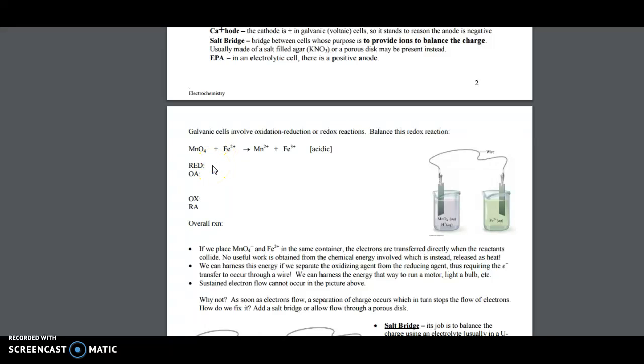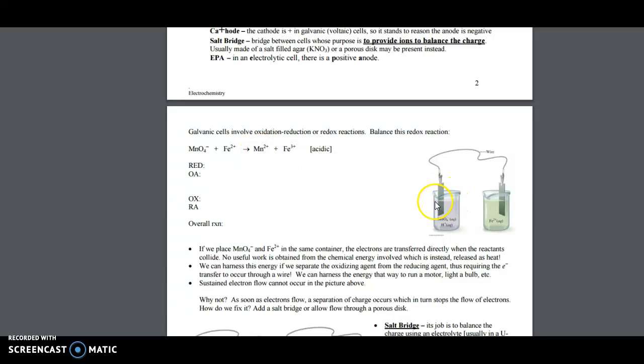Who is being reduced? Well, Fe+2 is going to Fe+3. That's oxidized, so that must be our anode. And then manganese, this would be manganese 7, right, if we did our oxidation numbers, going to manganese 2, so that's being reduced. So that would be our cathode.